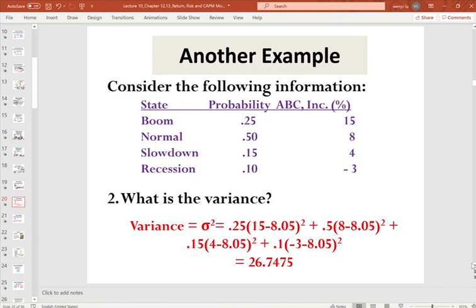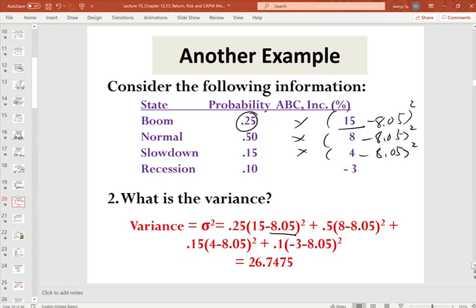Same thing for the variance: it's the probability times the return minus the expected return, squared. After you solve the product of the probability times the difference squared, you do a summation. That gives you the variance.